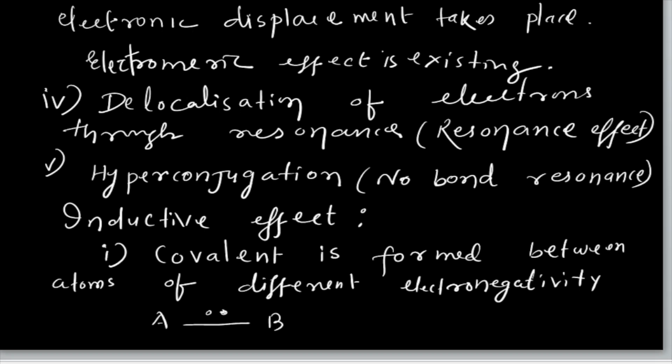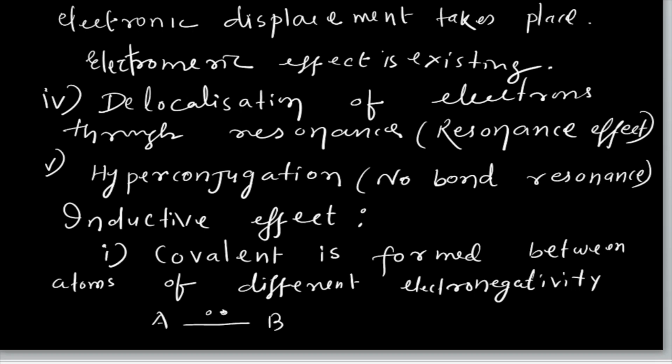Similarly, resonance effect. What is meant by resonance effect? Resonance effect means delocalization of electrons through resonance, the movement of electrons from one place to another. And hyperconjugation is no-bond resonance.